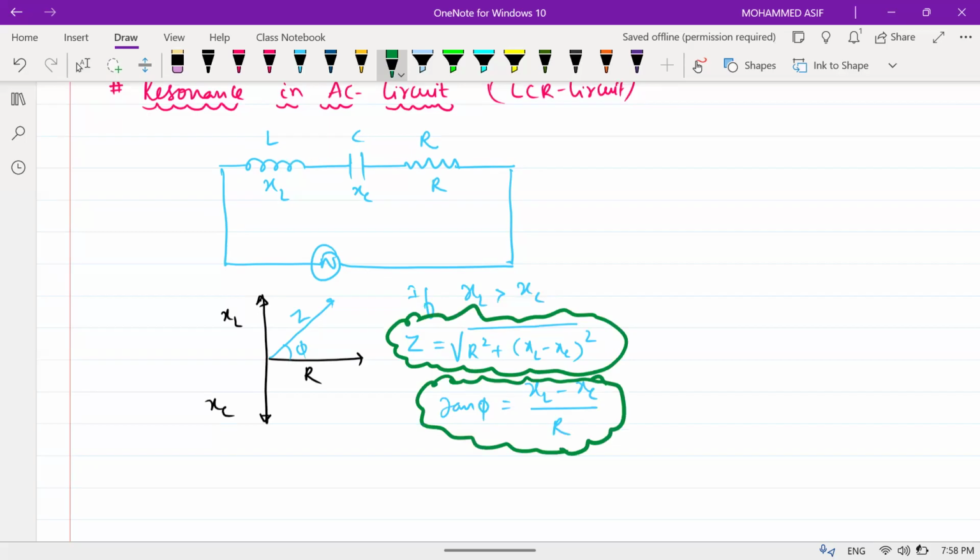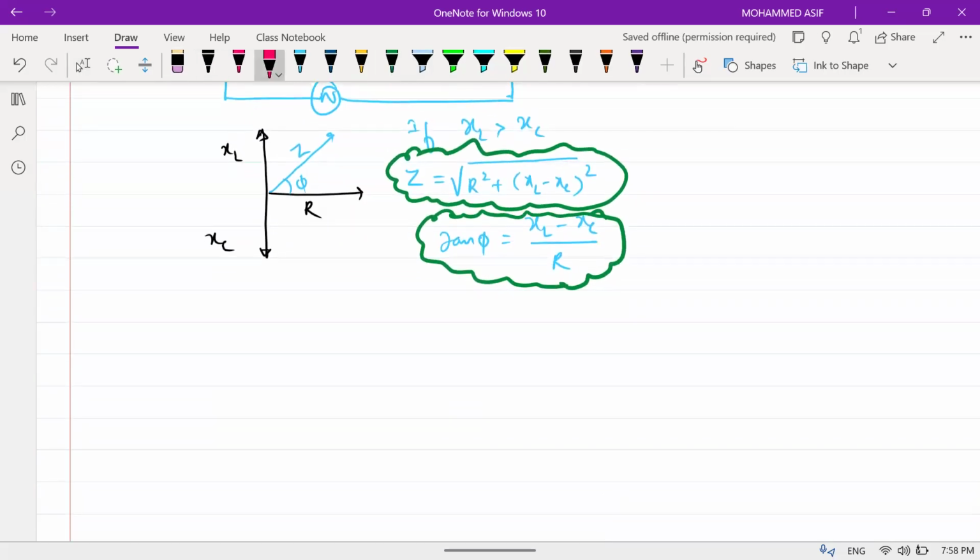What do you mean by resonance, beta? Condition for the resonance, I'll write here. At resonance, impedance Z of the circuit is minimum.